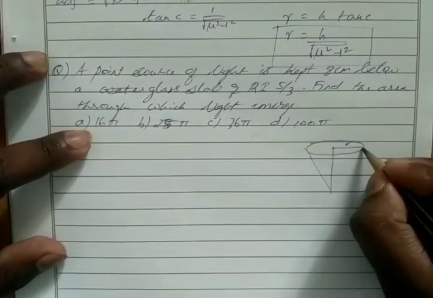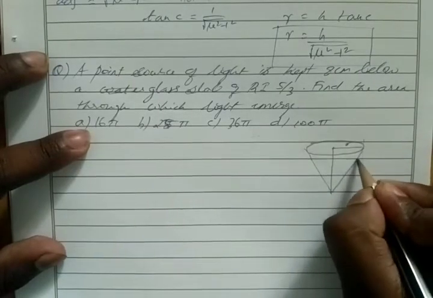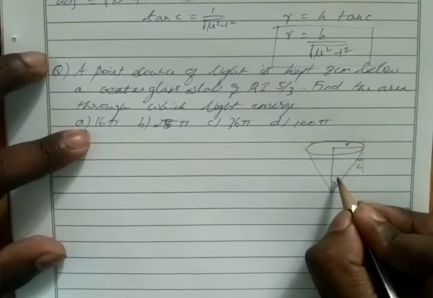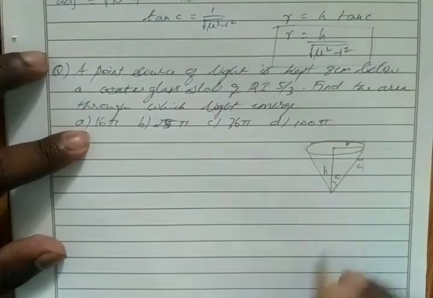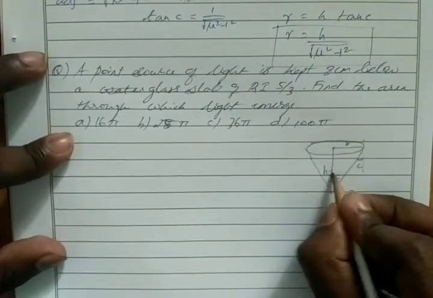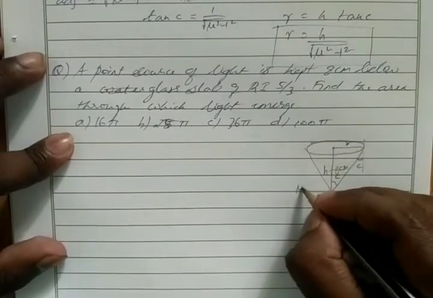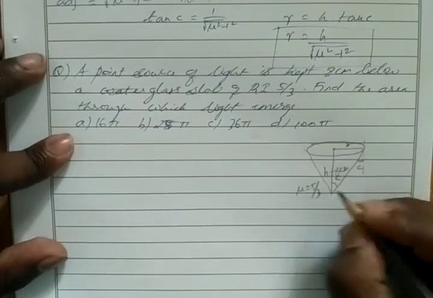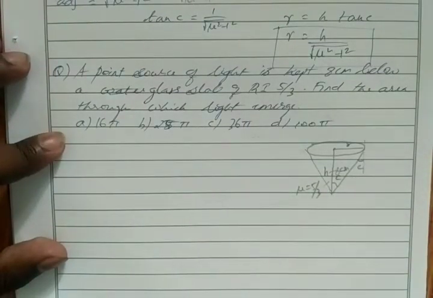Complete the cone. Here we have critical angle C, and this is also critical angle C. The height is given as 8 cm, and the refractive index of glass is 5 by 3. So we have to find the area.